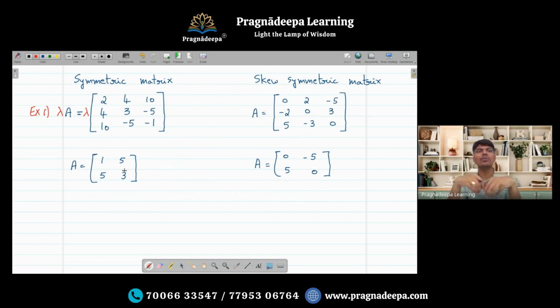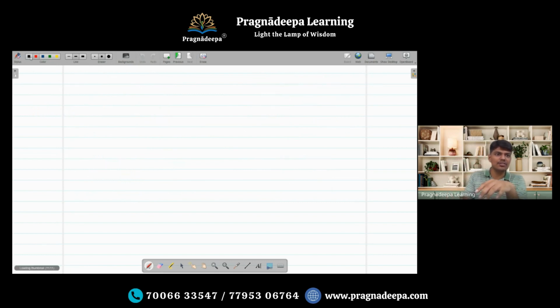Yes. You multiply 2 to this, still you will get a symmetric matrix. It holds good even for skew symmetric also. Just remember this.